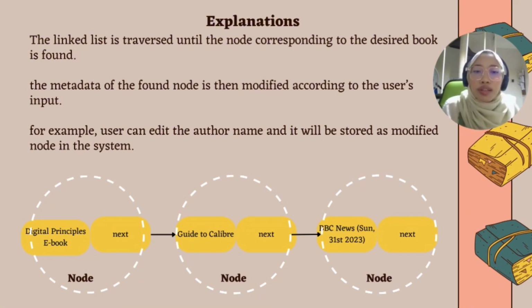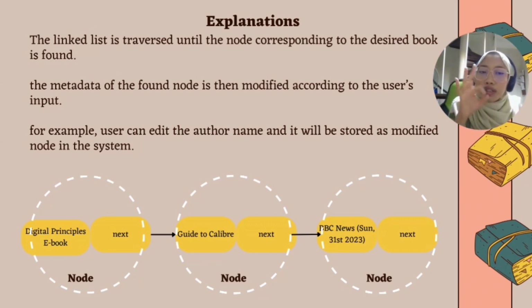I'll further explain how this system works. I've shown you there are three different nodes here, represented by the three ebooks I've shown you: the Digital Principles ebook, Guide to Calibre, and BBC News. The linked list is traversed between these three nodes.